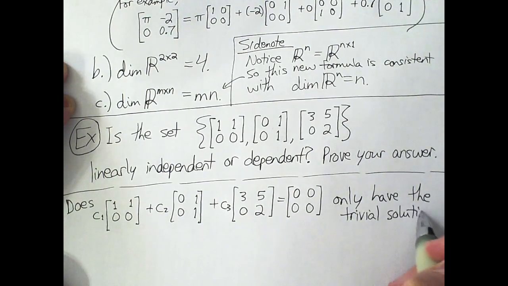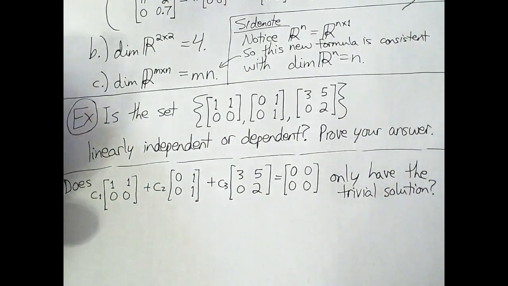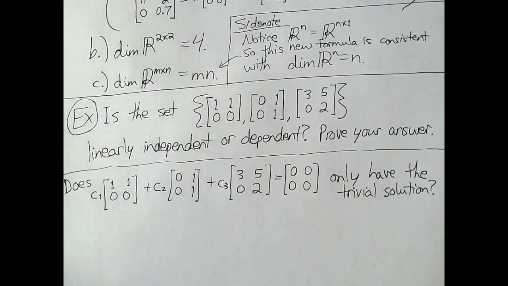That's really what this is asking. I know it has at least the trivial solution, C1, C2, and C3 all being 0. But are there any other solutions? That's the question.